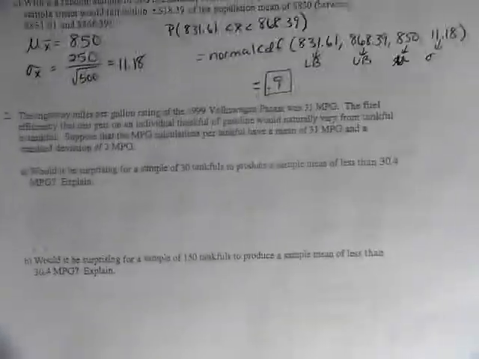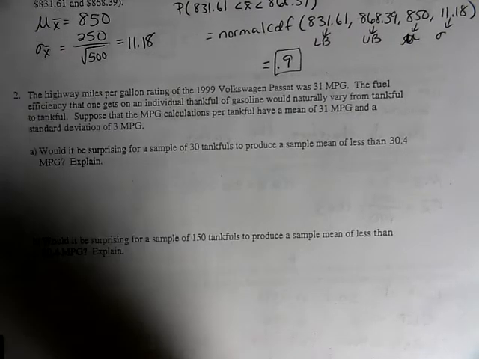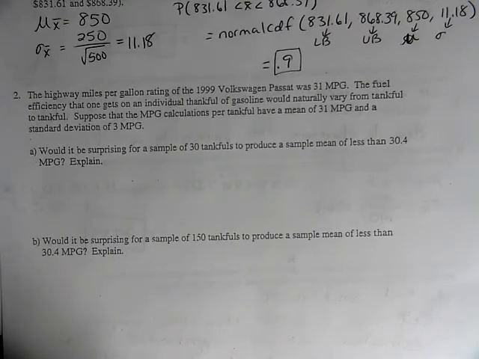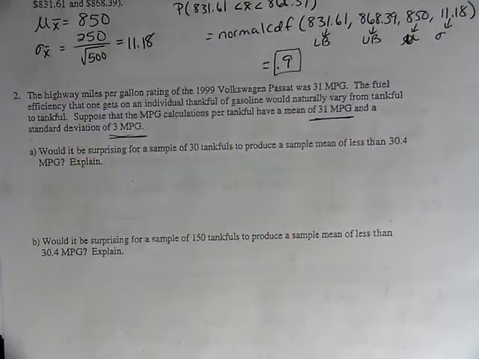Okay, let's try another one. The highway miles per gallon rating of a 1999 Volkswagen Passat was 31 miles per gallon. The fuel efficiency that one gets on an individual tank, that should be tankful, of gasoline would naturally vary from tankful to tankful. Suppose the miles per gallon calculations per tankful have a mean of 31 and a standard deviation of 3.